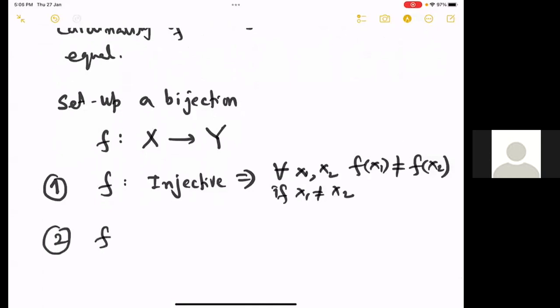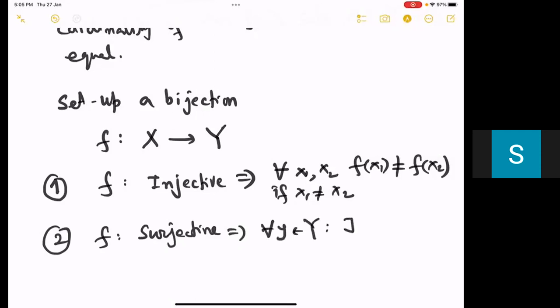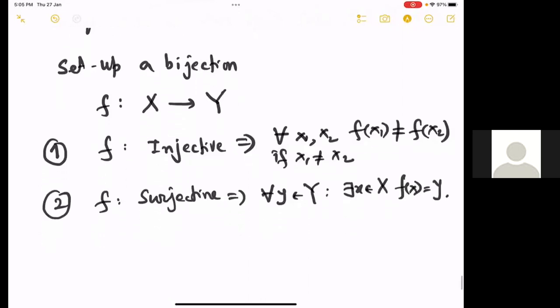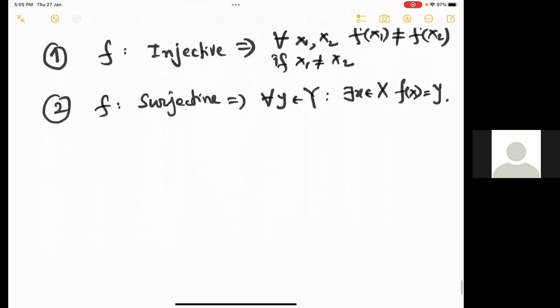And the second point is that f is surjective. What do I mean by that? That means everybody has a pre-image. For all y, there exists x such that f(x) equals y.